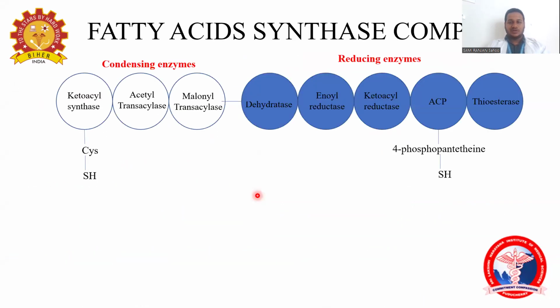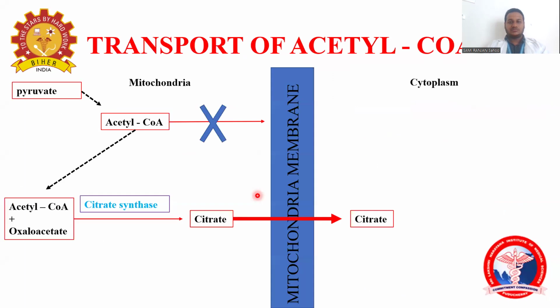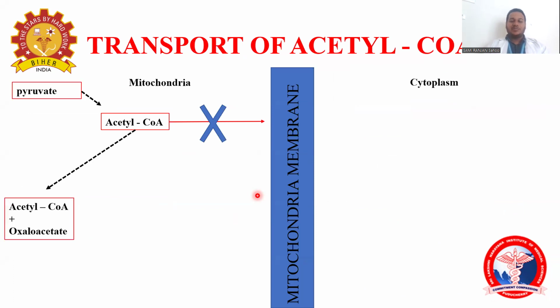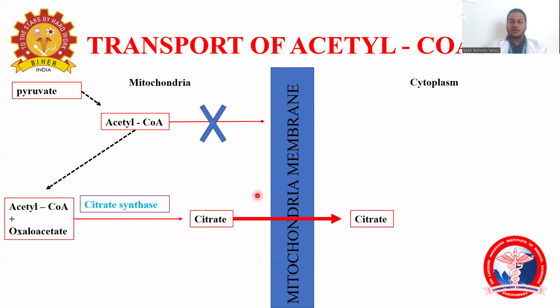Starting from the transportation of acetyl-CoA from mitochondria to cytoplasm: acetyl-CoA cannot be transported through the mitochondrial membrane. It has to combine with some compound to cross the mitochondrial membrane, which is oxaloacetate. Acetyl-CoA combines with oxaloacetate with the help of citrate synthase to form citrate, which can cross the mitochondrial membrane.